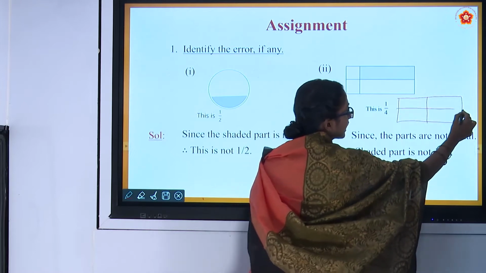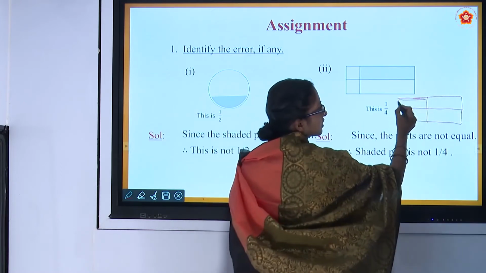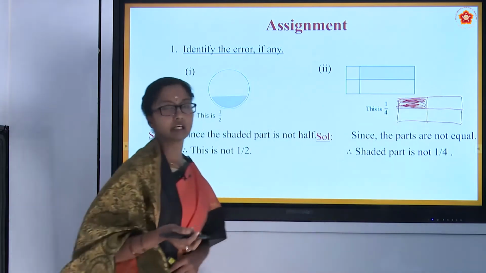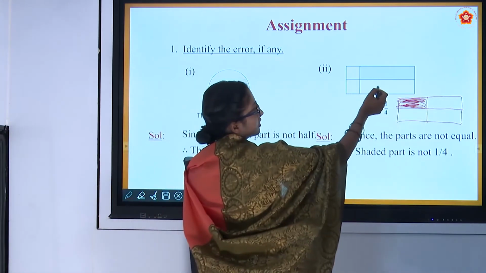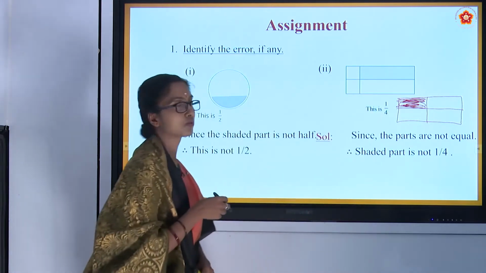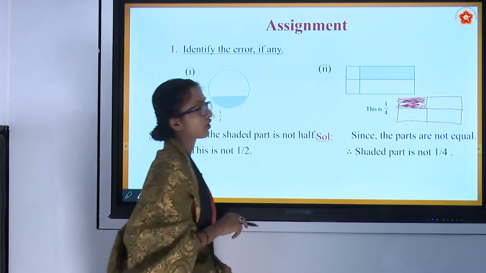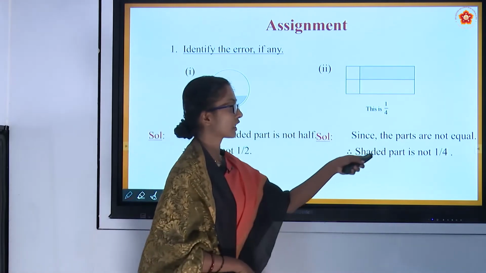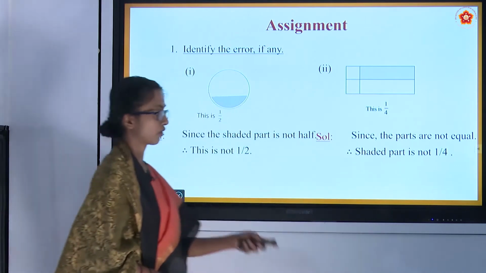If it was like this, then 1 by 4 would be correct. But here, these two parts are not equal to the other two. So it is not 1 by 4. Since the parts are not equal, the shaded part is not 1 by 4.